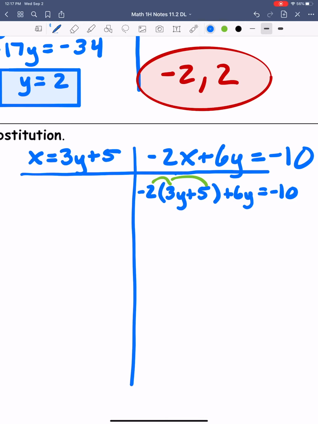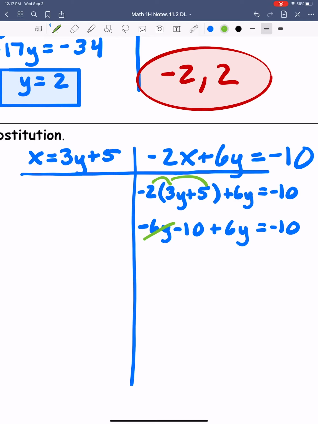And so we end up with negative 6y, plus, nope, that's going to be negative 10 plus 6y equals negative 10. And so what's going to happen here is these are going to cancel out, right?